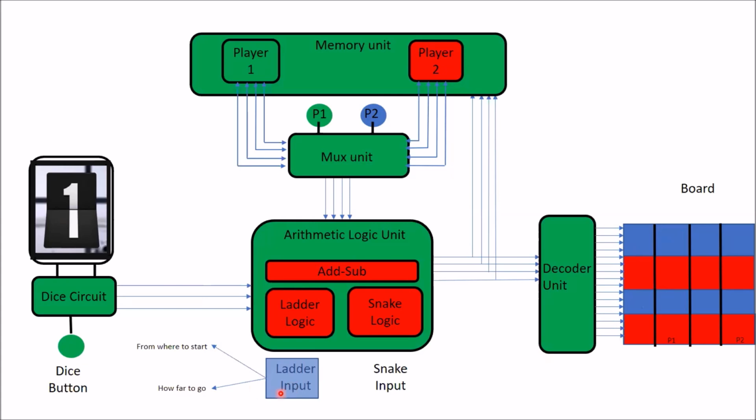Let me see what the architecture says. Player 1 is selected, and the previous position is 1, and from the dice circuit I have got 1, so at 2.